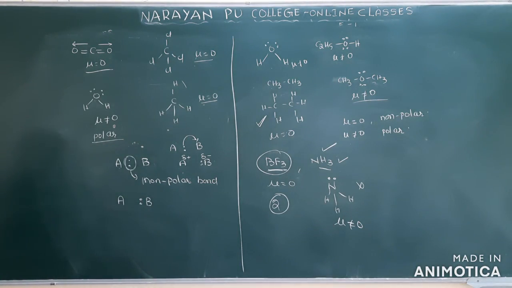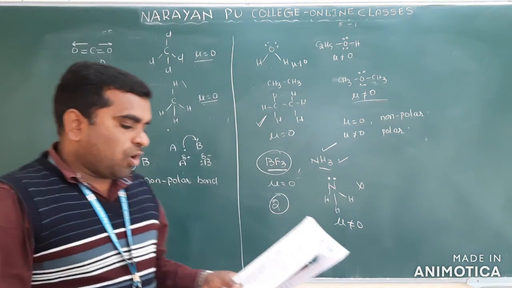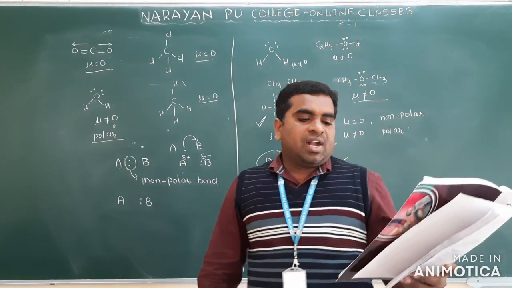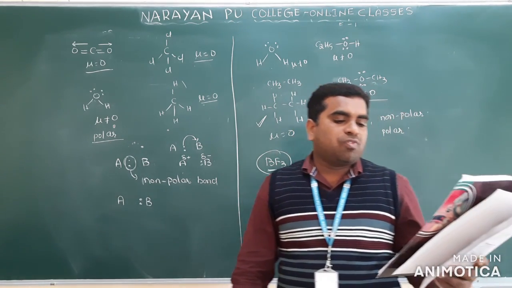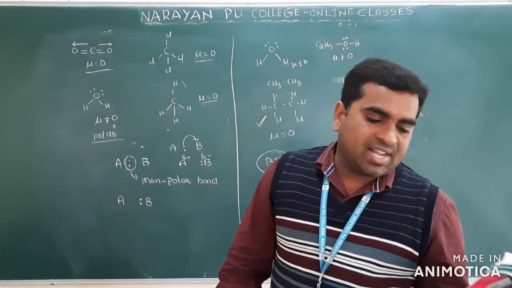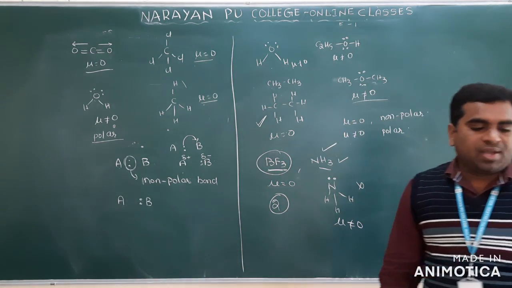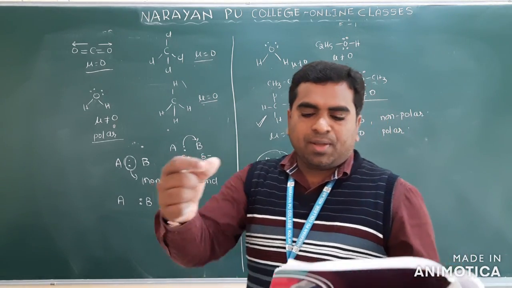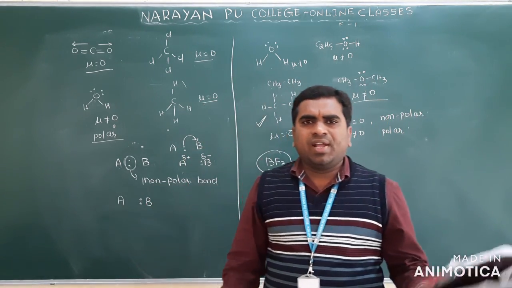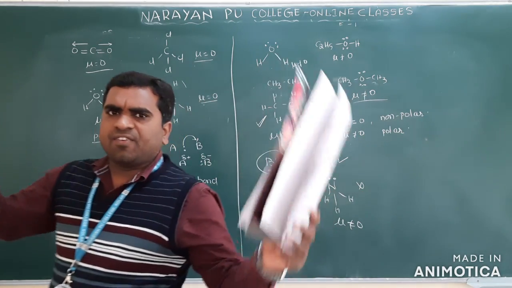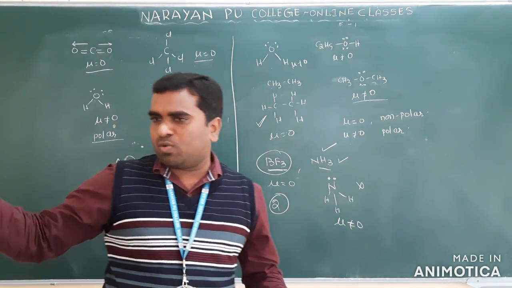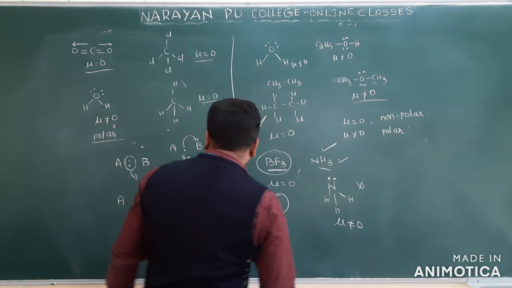Which of the following liquids is not deflected by a non-uniform electrostatic field? Non-uniform electrostatic field means that if we keep the molecule in the electric field we apply, with one positive pole and one negative pole, it has to move. Which compound is not deflected by the electric field?